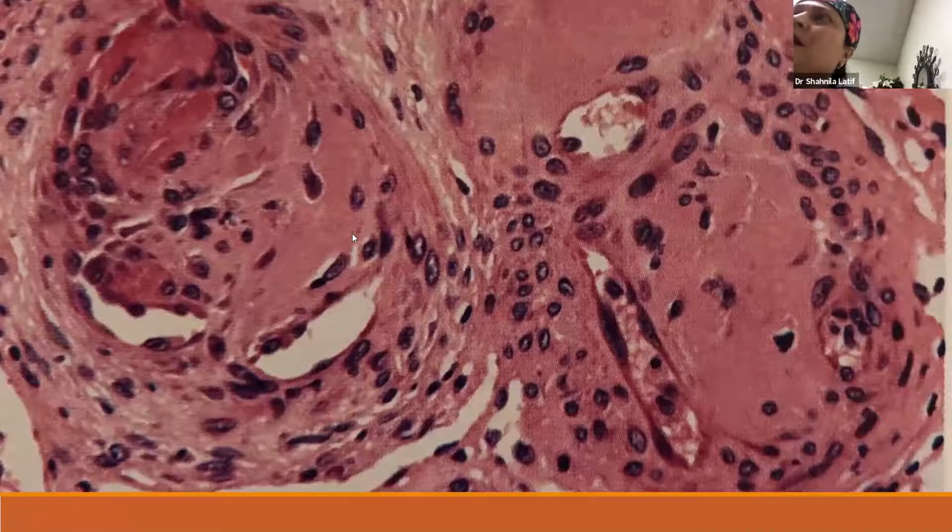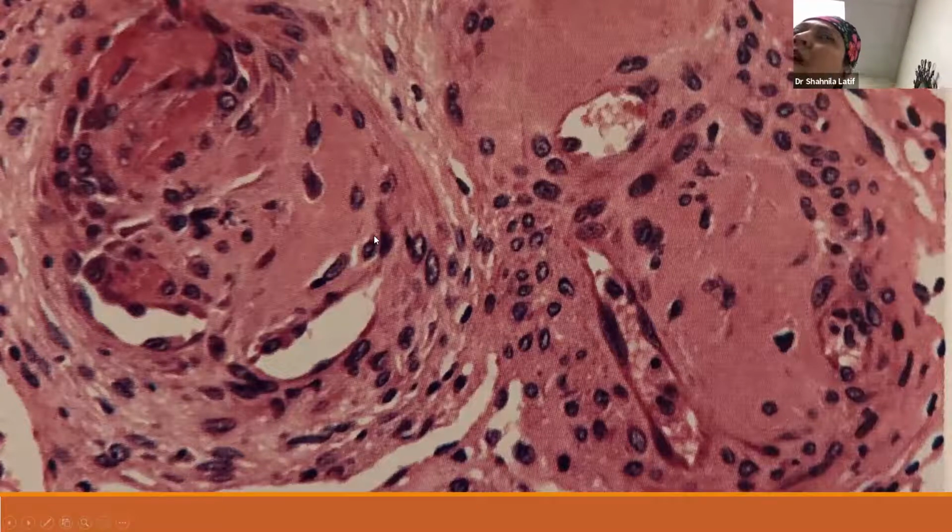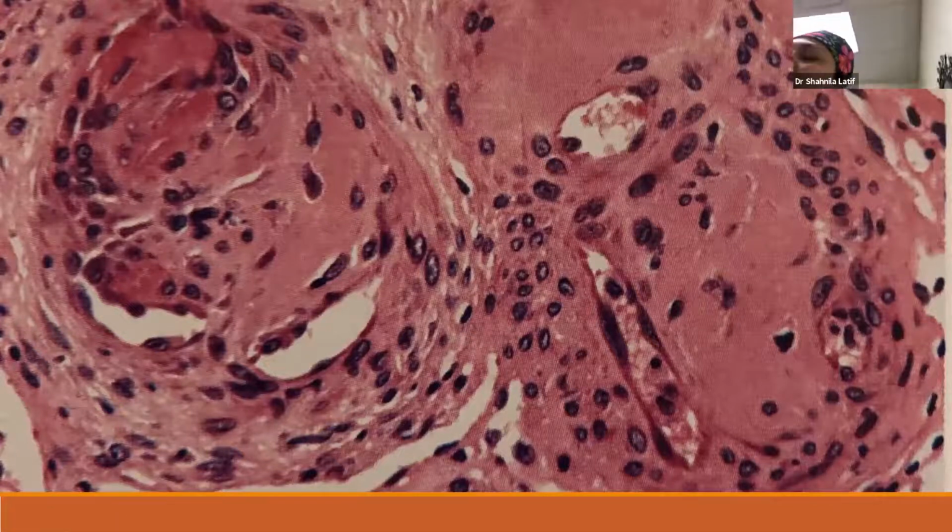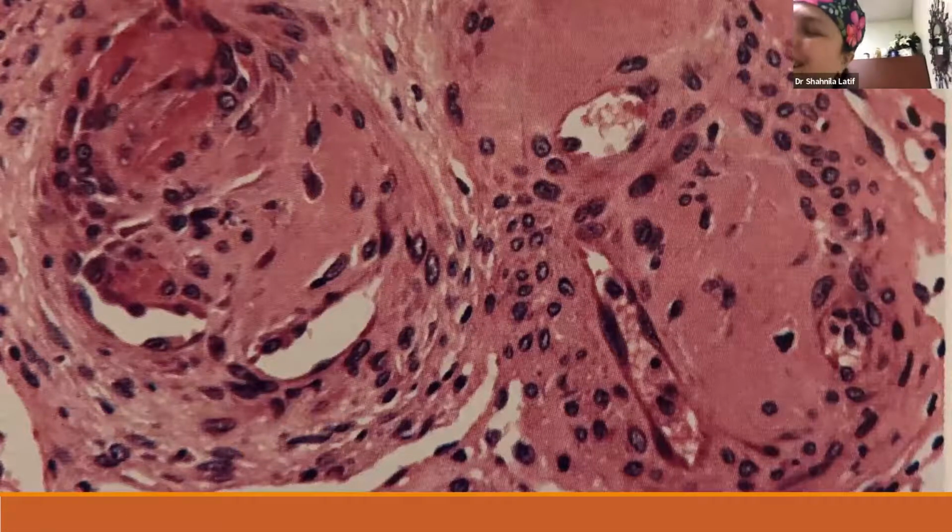In class 6, more than 90% of the glomeruli should be globally sclerosed, with severe interstitial fibrosis and severe vascular disease. So class 6 is basically, we use the word kaput. Kaput means finish. So after that, there's no treatment.